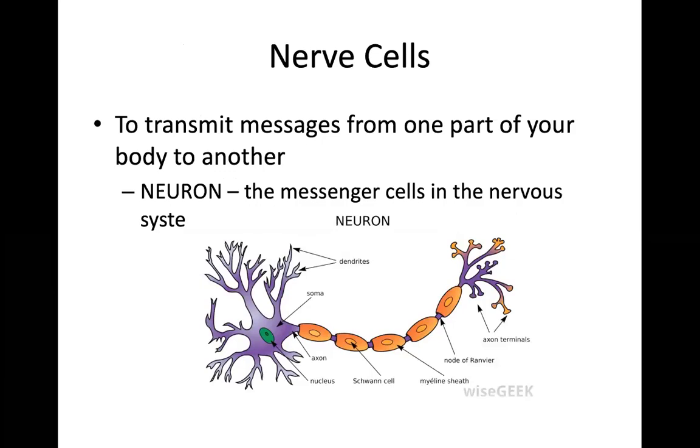So nerve cells are used to transmit messages from one part of your body to another. All right, so they transport messages.